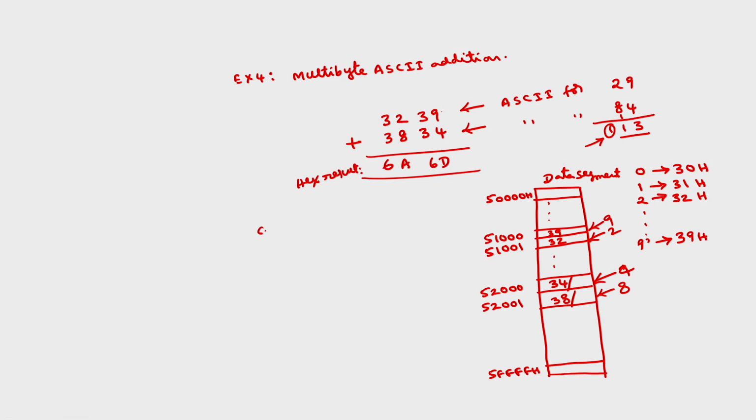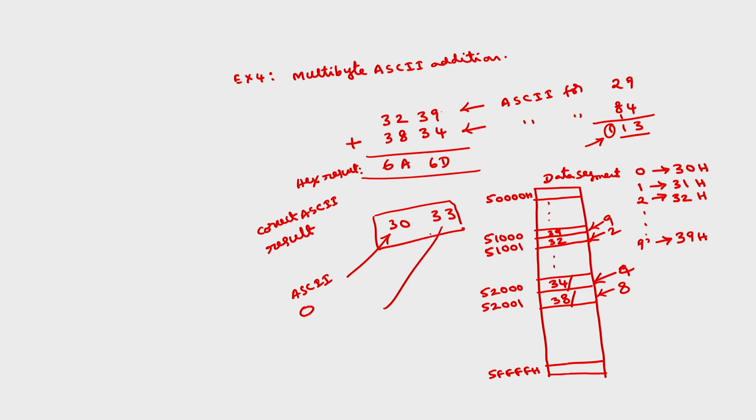What is the correct ASCII result? 9 plus 4 is 13, so the carry flag will be set, and the digit will be 3, which means 33. 8 plus 2 is 10, which is 1 0, carry flag will be set, and 0 means 30. So this is the correct result that I want to store. This is the ASCII corresponding to 0, and this is the ASCII corresponding to 3.